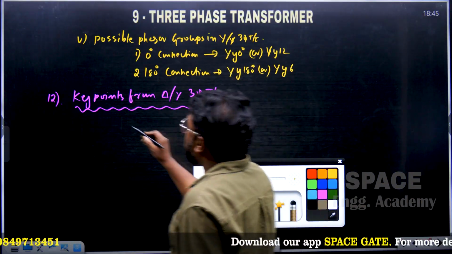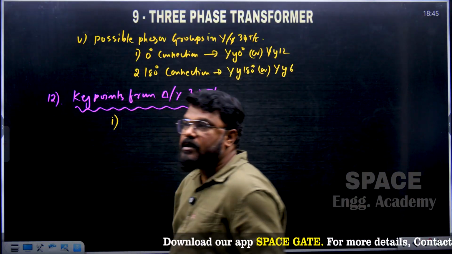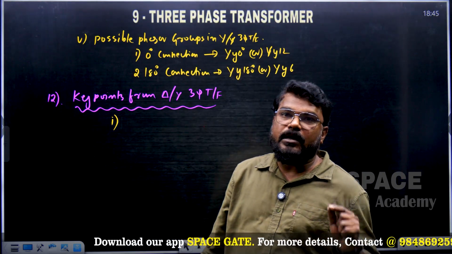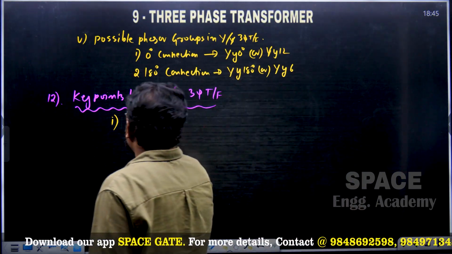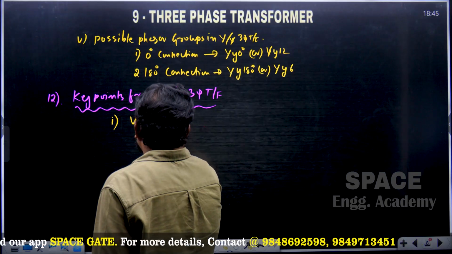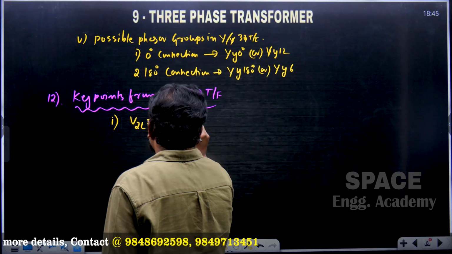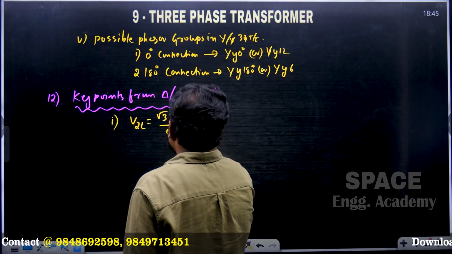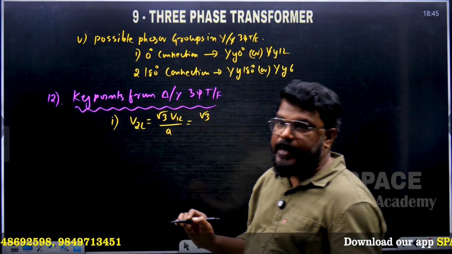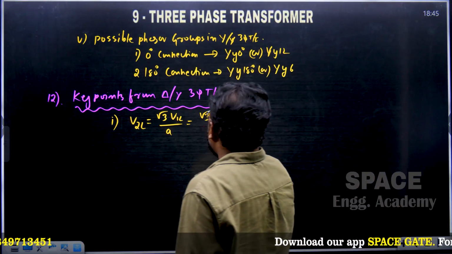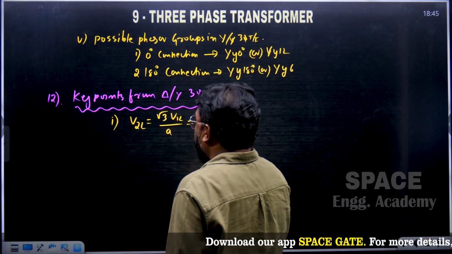So first question, how to find out secondary line voltage in delta star three phase transformer? So that is V2L equal to √3 times V1L by A. So if the supply voltage is some finite value V, you can write √3 times V by A.